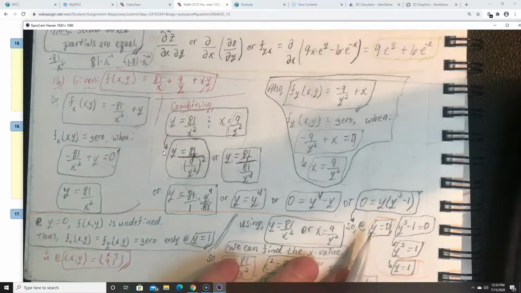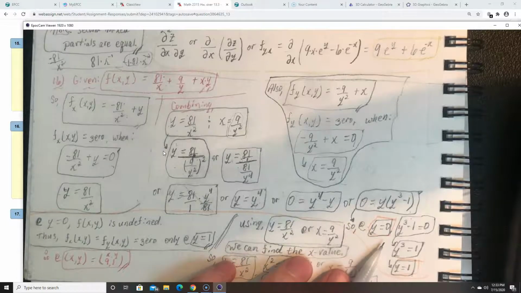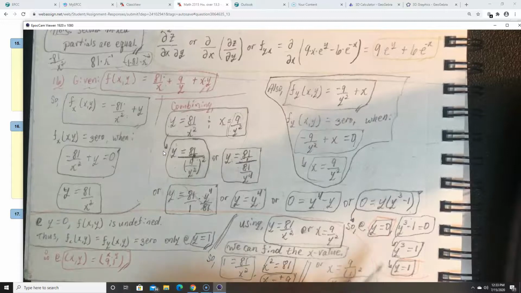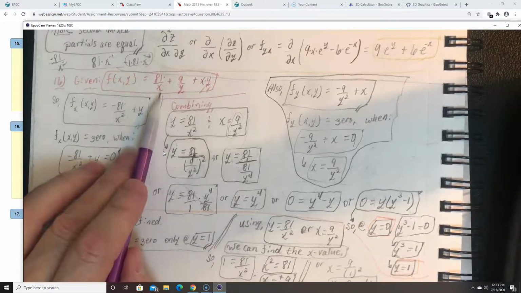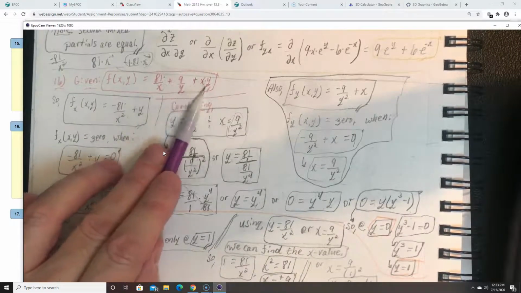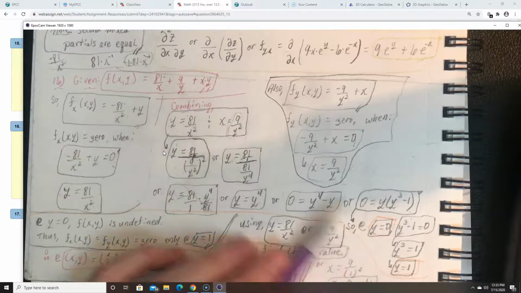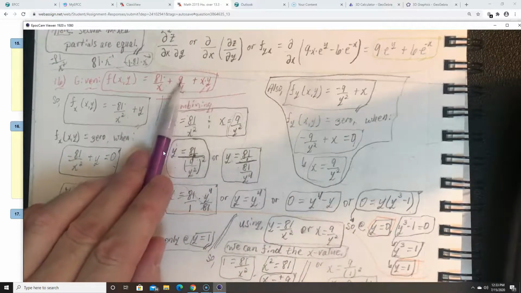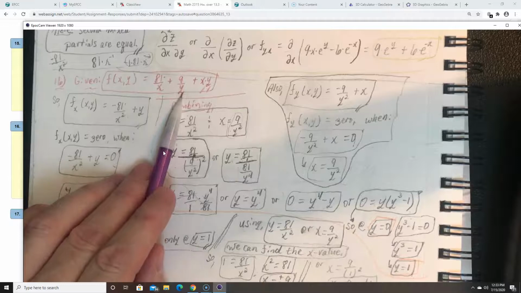So according to this thus far, both partial derivatives will equal 0 when y equals 0 and when y equals 1, unless there's an issue with any of them, like a domain issue. Look back up at the original function, 81 over x plus 9 over y plus x times y. At y equals 0, you get 9 over 0, and that's a division by 0.